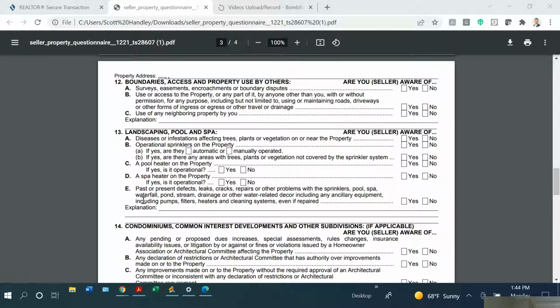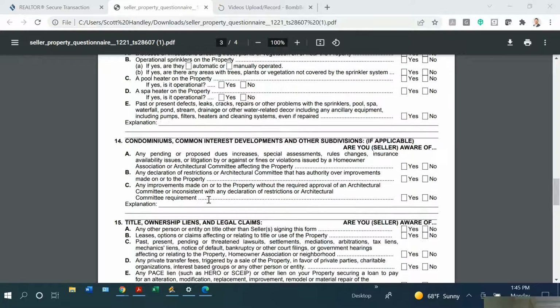Lastly, 13E, past or present defects, leaks, cracks, repairs, or other problems with the sprinklers, pool, spa, waterfall, pump, stream, drainage, or any water-related decor, including any ancillary equipment, including pumps, filters, heaters, and cleaning system, even if repaired. So yes or no, and we'll explain it there. Part 14 here only pertains to condos, so condominiums, and common interest developments and other subdivisions, if applicable.